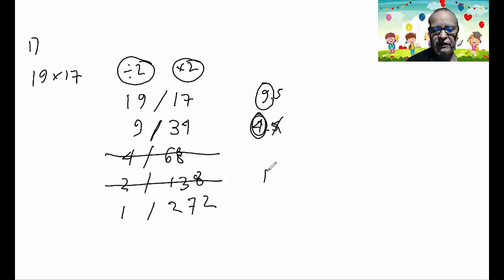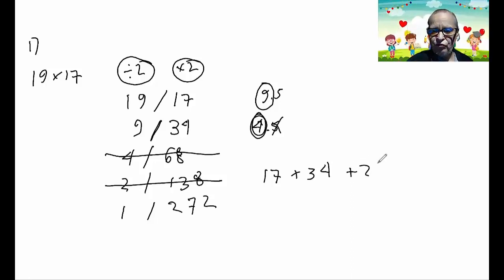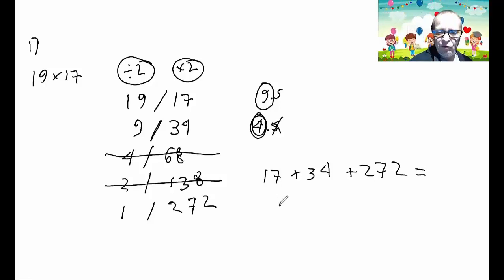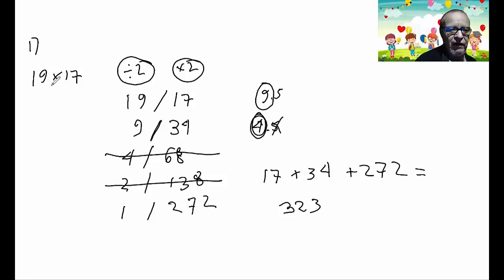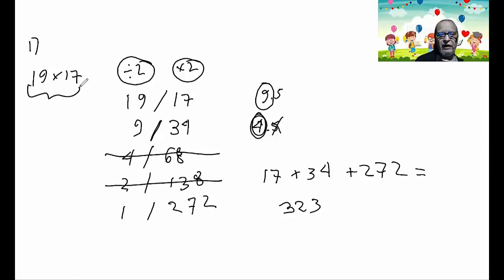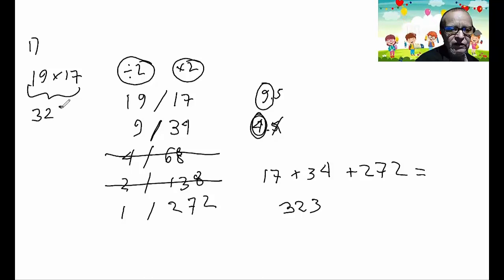So I have 17, I have 34, and I have 272. I add those up, and I get 323. And that's the same thing as if I multiply 19 times 17, I'll get 323.